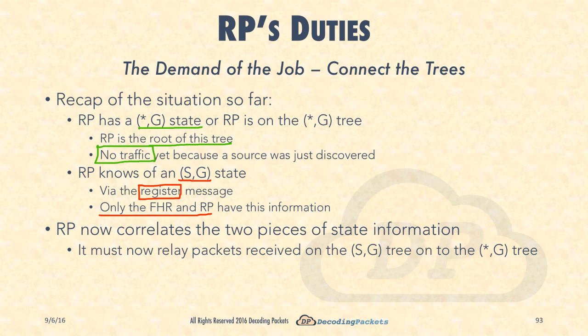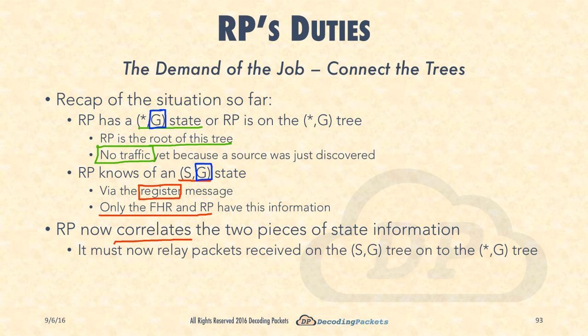The RP now will correlate the two pieces of information. So it'll compare the S comma G state and the star comma G state. And now it knows because of this G. In this case, G is not really just a variable, it actually holds the same group. So think about it like that. Because of this G being the same group, the same multicast address across both of those trees, the star comma G tree and the S comma G tree, the RP now knows that it must relay packets that it receives on the S comma G tree.